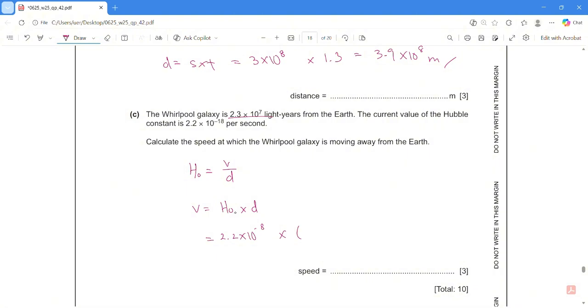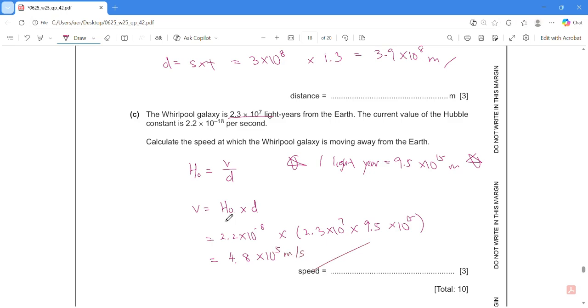The distance is given in light years, so I'm going to convert light years into meters. 1 light year equals 9.5 times 10 to the power of 15 meters. Please memorize this value. Then we just do it on the calculator and you should get a final answer: 4.8 times 10 to the power of 5 meters per second.